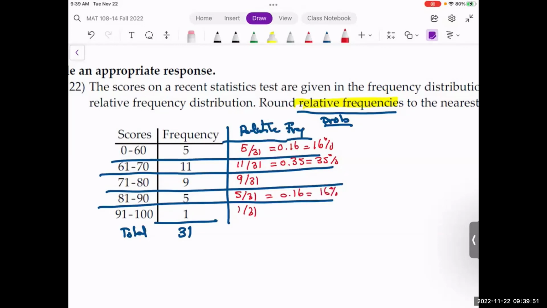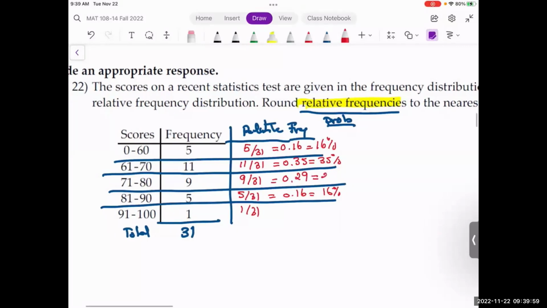What about 9 over 31, guys? 0.29. That's 29%. And the last one, 1 over 31. 0.03, and that's going to be 3%. Please make sure whenever you add all the percentages, it is going to be 100%.